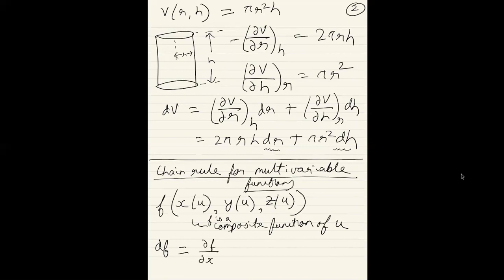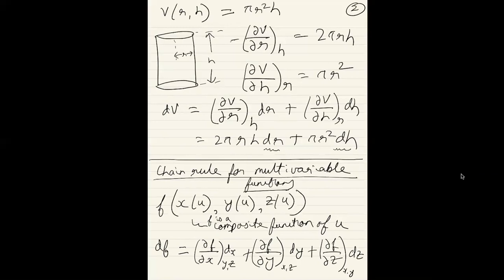This will be partial f by partial x, and here y, z are kept constant, multiplied by dx, plus partial f by partial y, x, z are kept constant, multiplied by dy, plus partial f by partial z, x, y are kept constant, multiplied by dz. Now comes the interesting part.